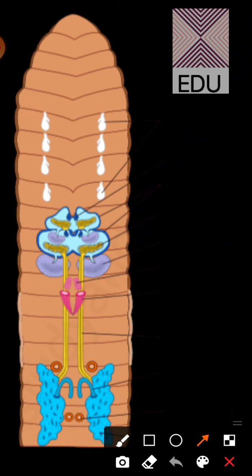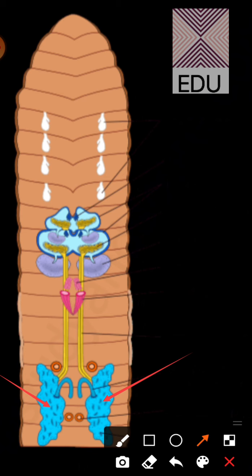Now just see. Now we have got two prostate glands. So these blue glands are the prostate glands, and they are producing prostatic fluid. Now their secretion mixes with the sperms to form the semen, and that semen will be going out of the earthworm.